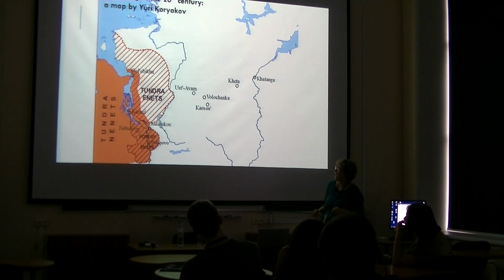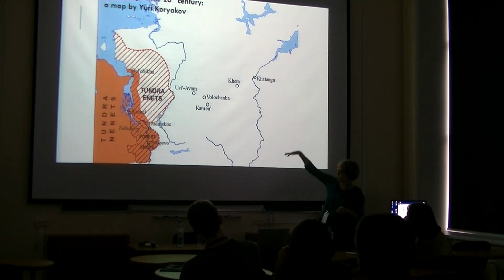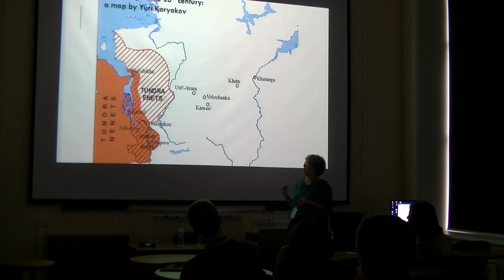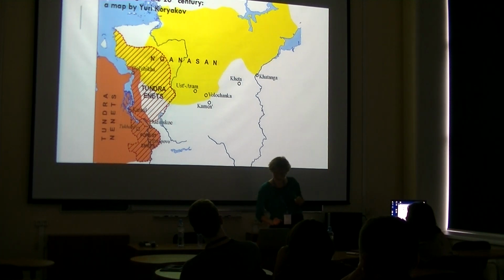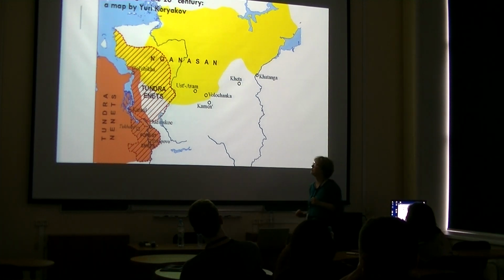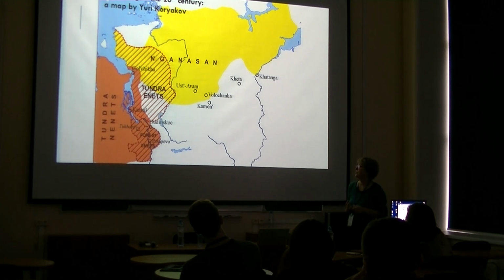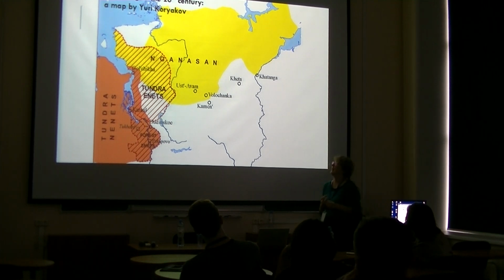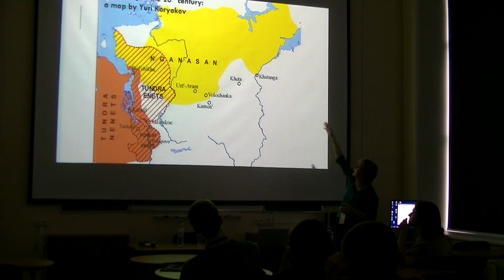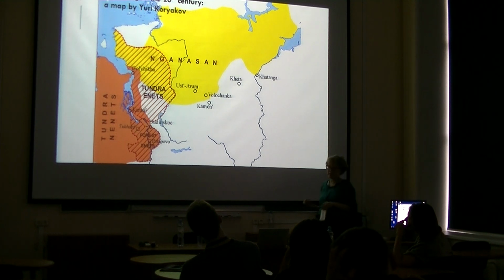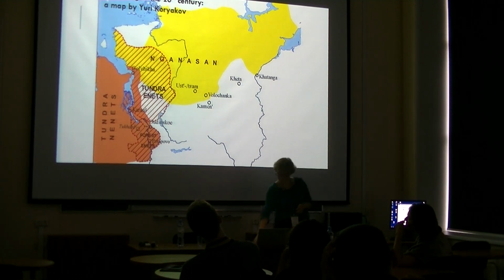Then you have Tundra Enets, which is more to the north, and who partly live together with the Tundra Nenets, but not completely, unlike the forest Enets. And then you have the Nganasans, who share some territory with the Tundra Enets and a little bit with the Tundra Nenets, and basically go all the way to the eastern border of Tajmyr.